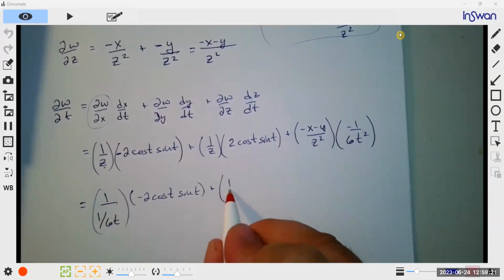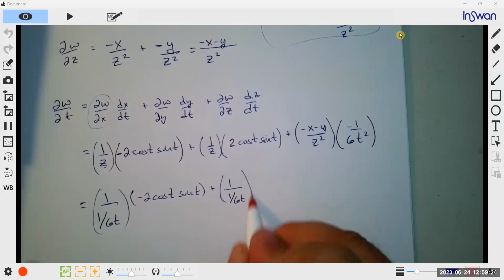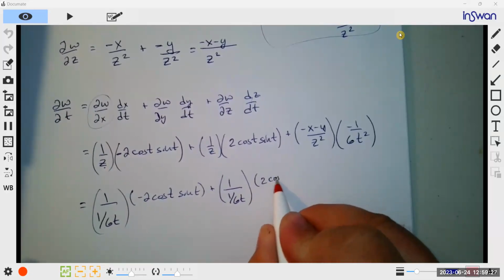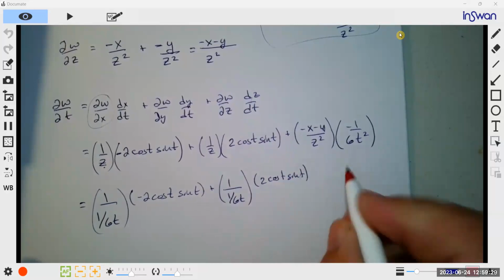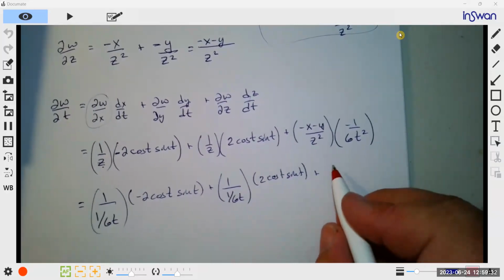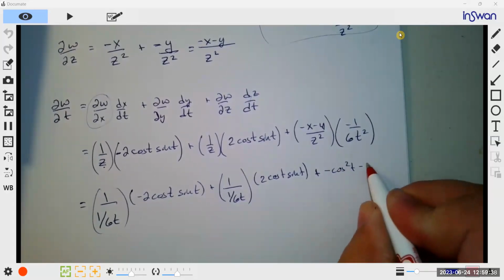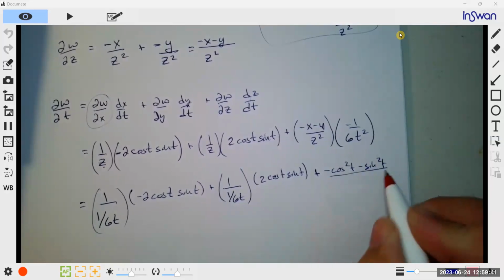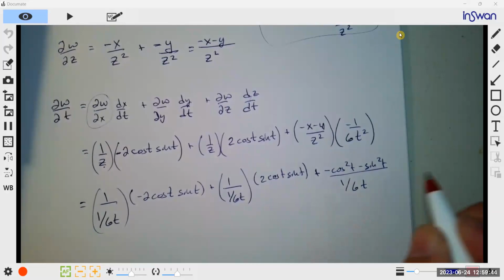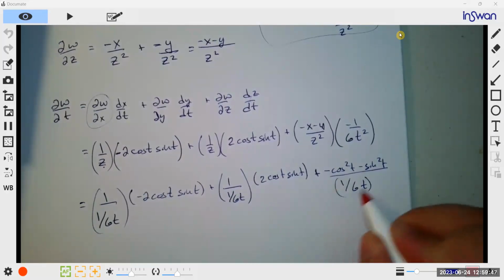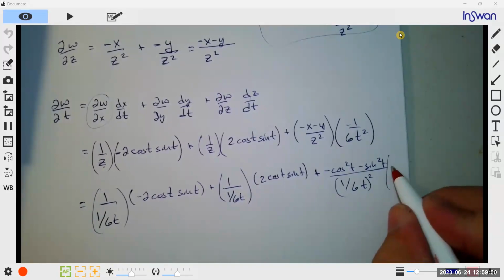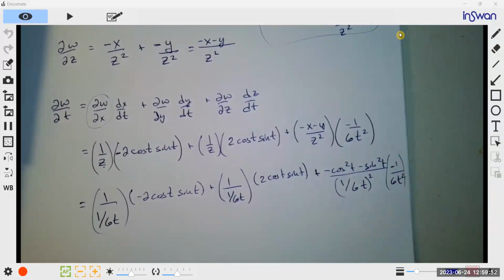One over 6t plus negative cosine squared t minus sine squared t over 1 over 6t squared times negative 1 over 6t squared. Well, these two are just opposites of each other. They're both 2 sine cosine over 6. So they just cancel.